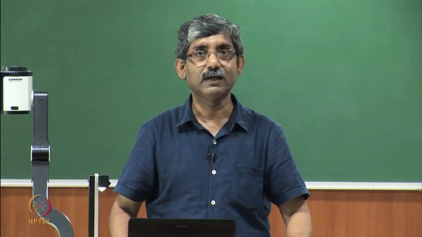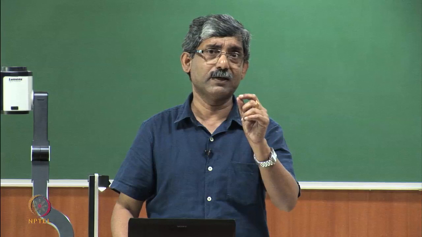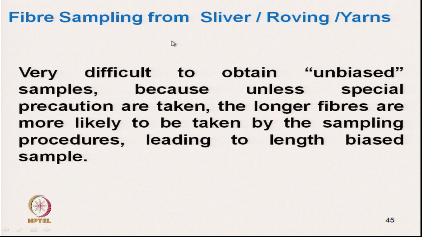And to some extent this coring sample is used for the fiber diameter, but from long fiber also one can measure the fiber diameter. Now, fiber sampling from sliver, roving or yarn is very difficult to obtain as an unbiased sample, because unless special precautions are taken, longer fibers are more likely to be taken by the sampling procedure, leading to a length biased sample.